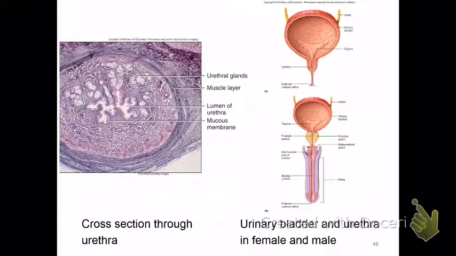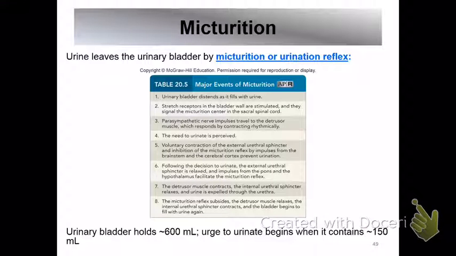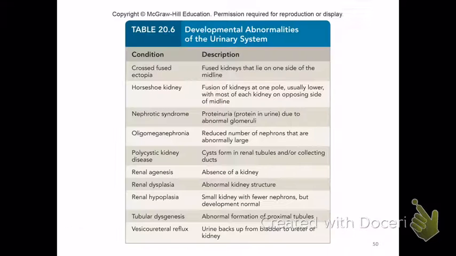Okay, micturition, that is, as urine leaves the urinary bladder, the act of actually releasing the urine. And we already said the detrusor muscle helps with that. Now, these are just some kidney disorders. You want to look at all those just to be familiar with them.